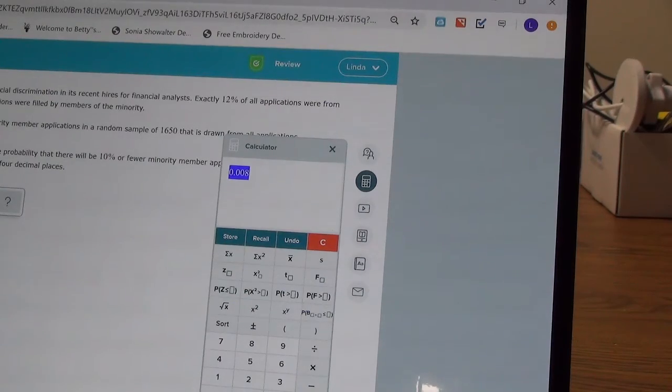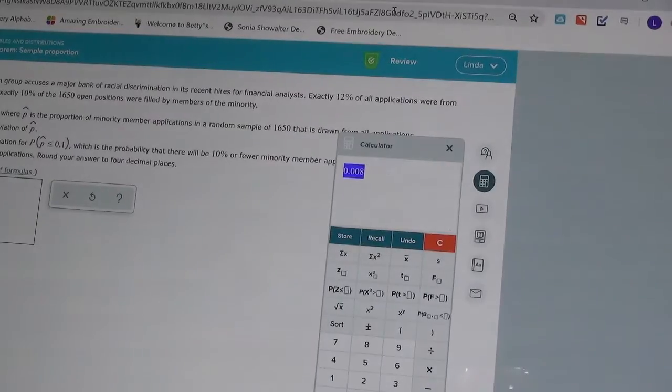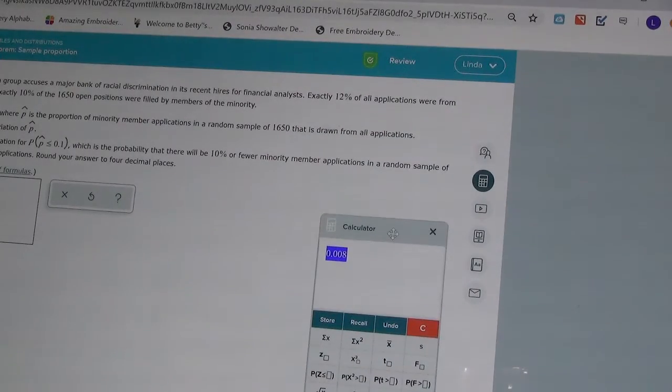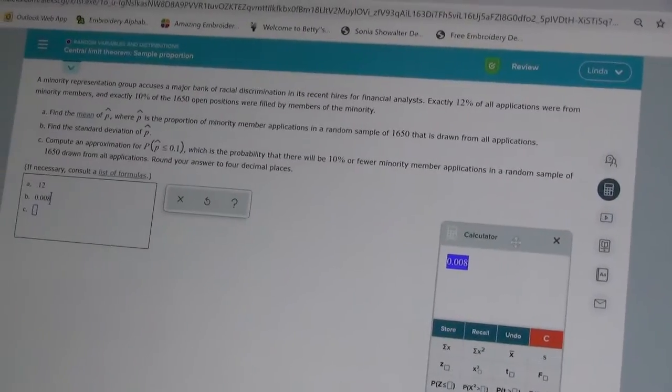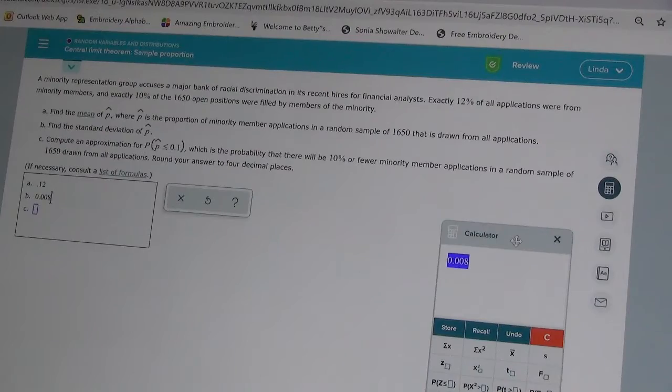All right. So the next part of this question, if I move my calculator out of the way, says compute an approximation for the probability of p hat being less than or equal to that 10%, which is the probability that there will be 10% or fewer minority member applications in my random sample of 1,650.